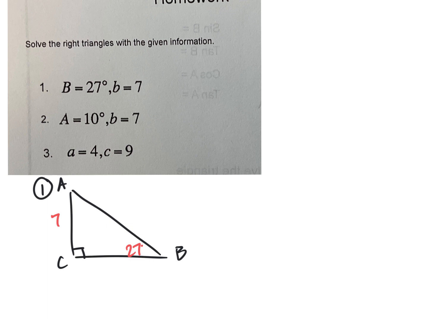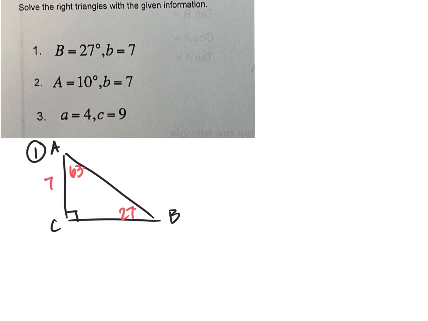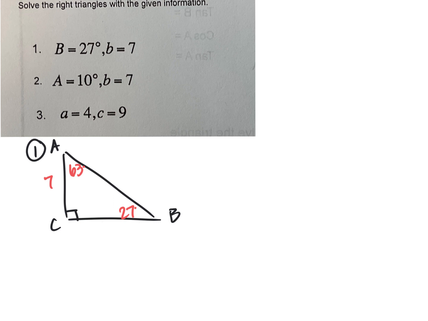Yeah, let's do that. 90 plus 27, take that away from 180. You got it. 63, we just write that in. I see no work for that, and I'm fine with that. Then the last 2 things that you have to do are find side A and side C. You're going to set up 3 different triangles for these 3 problems, okay? I will put up my 3 triangles solved, but you just have to show some work, your SOHCAHTOA, to get those other 2. Sound good?